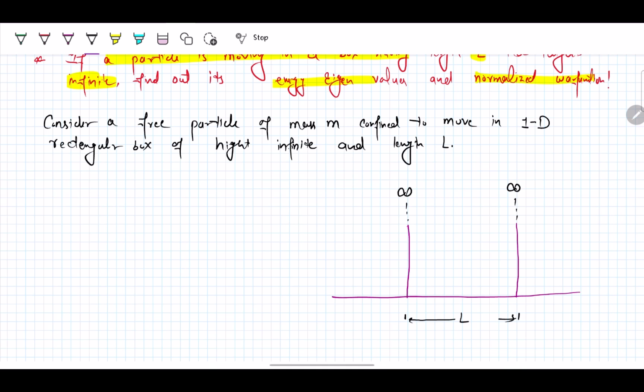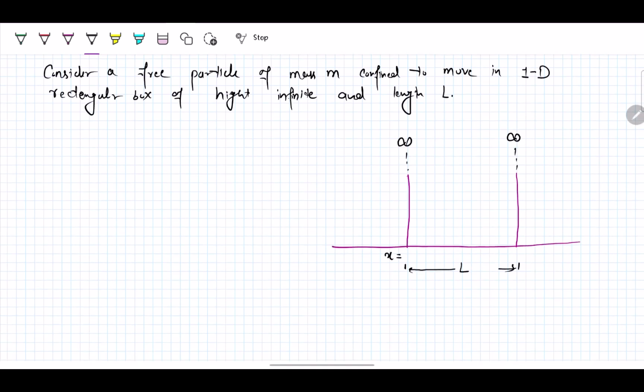If we are taking one dimensional movement of any particle, it may be along the x-axis, y-axis or z-axis. Let's say it is confined to move only along the x-axis, then x goes from 0 to L. It means it can move along this complete length of the box.